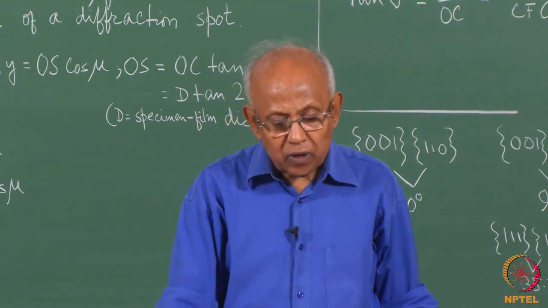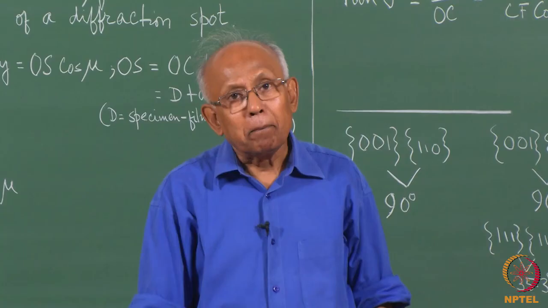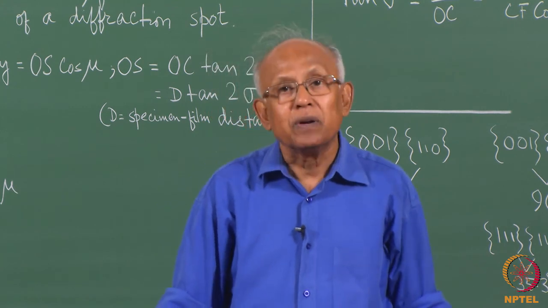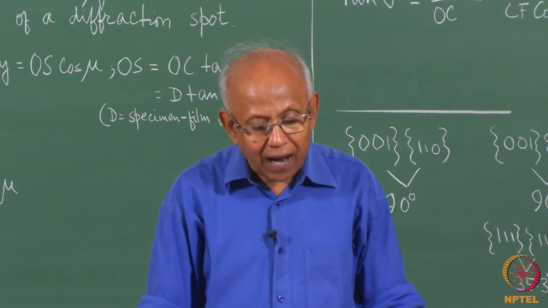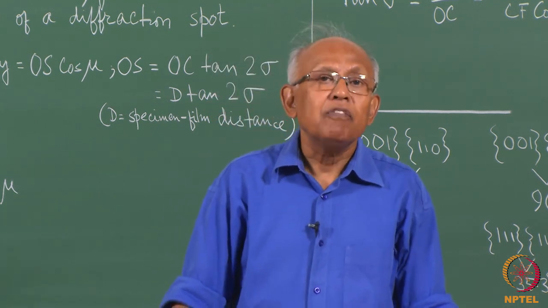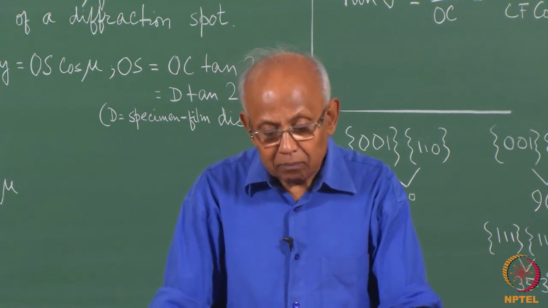So, when we find out which pole this is, say it is the HKL spot, then we can easily say that the crystallographic plane parallel to the crystal surface has the orientation HKL. So, this is the principle behind the determination of single crystal orientation using the X-ray method.